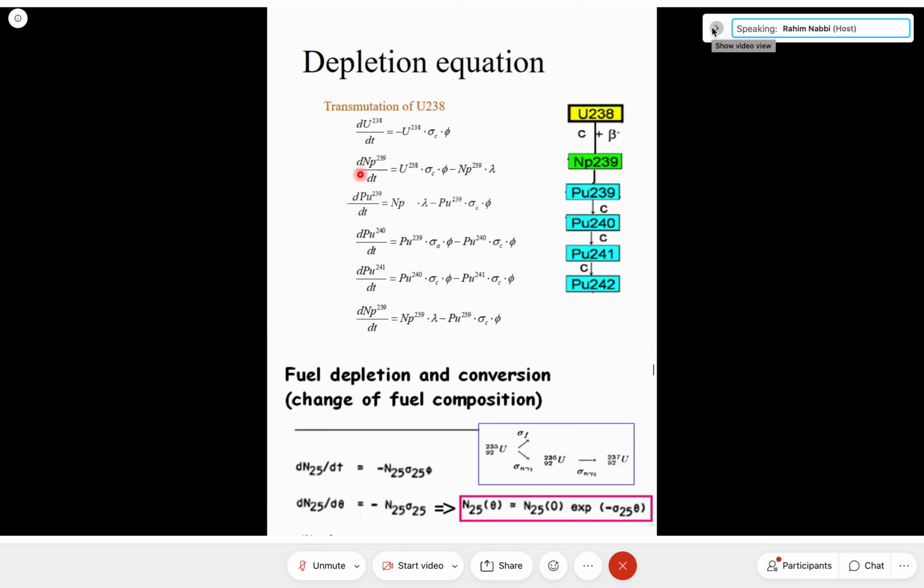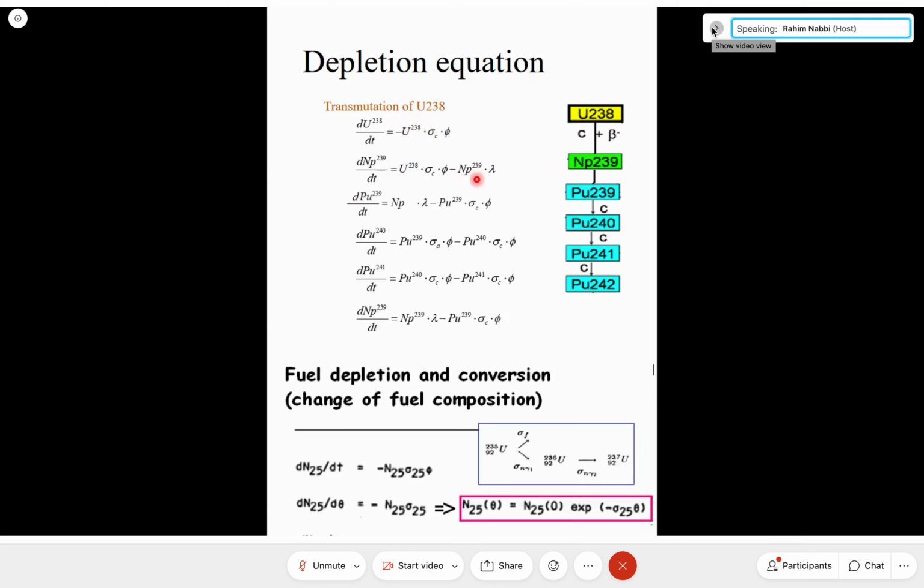Left-hand side is the rate of change, and right-hand side is the production term and loss term. You see here, this production term is exactly the loss term of uranium-238. Every amount in the loss term for uranium-238 is the production term for neptunium, on this path from uranium-238 to neptunium.